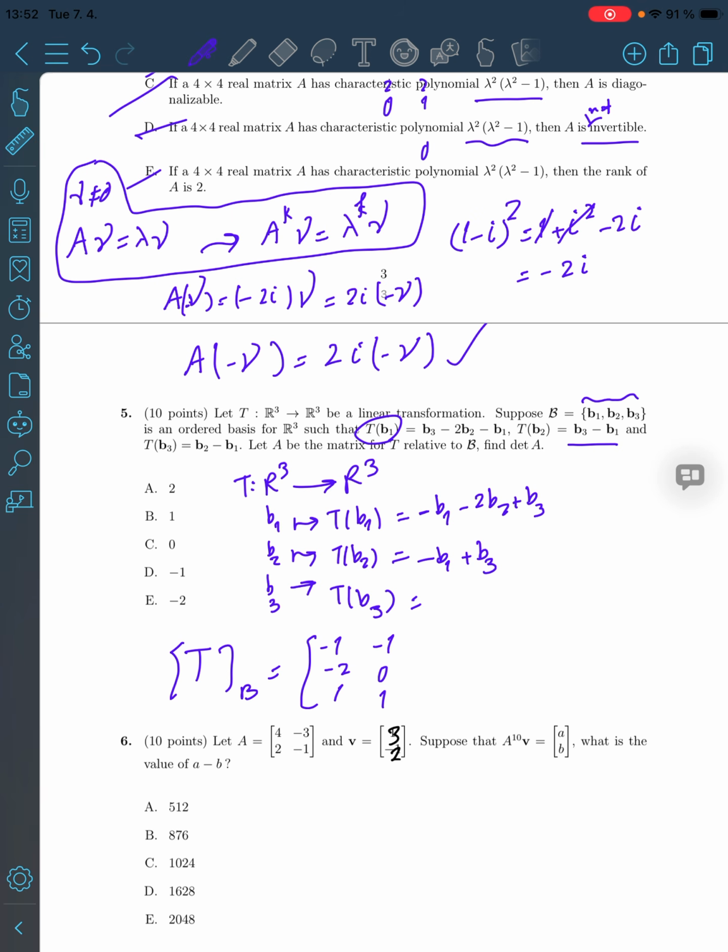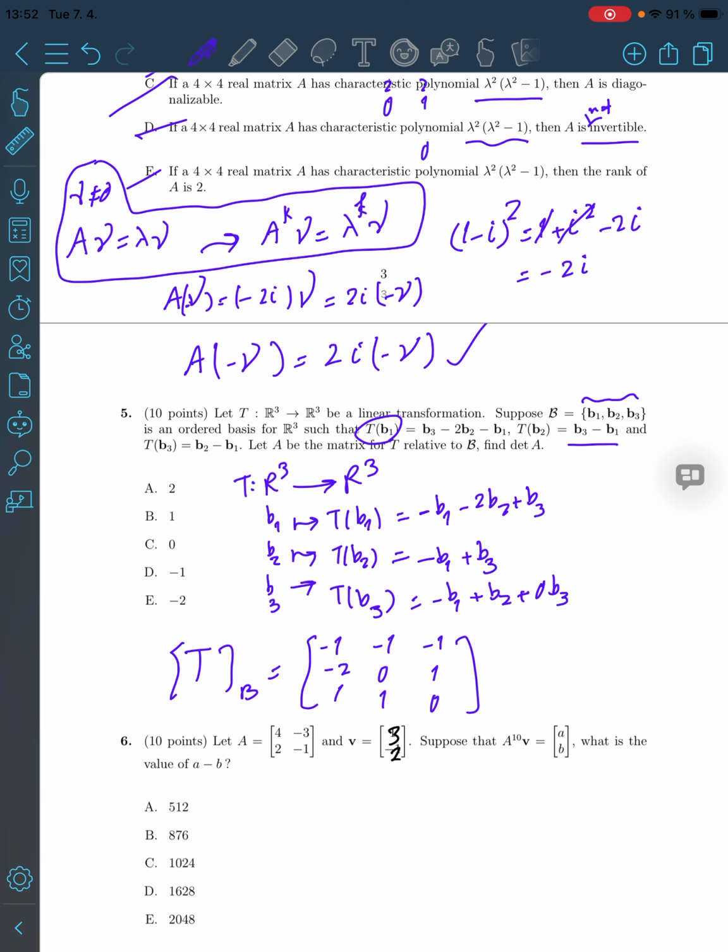And then T of B3 is going to be B2 minus, oh sorry, because I have to comply with the order of the basis, I will write first B1 and then B2, and then 0 B3. So therefore here you have -1, 1, and then 0.